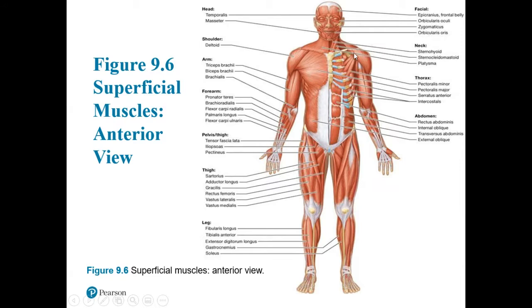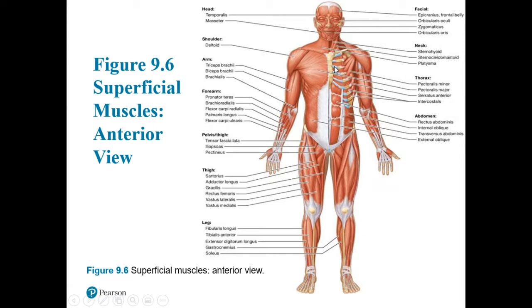Pectoralis minor is located underneath the pectoralis major. It originates on the costal bones, which are the rib bones right there, and then it inserts onto the proximal end of the humerus, clavicle. So they're involved in the movement again of the arm.